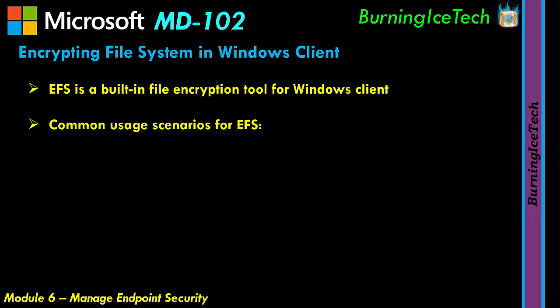Common usage scenarios for EFS is protecting files on shared computers. I wouldn't say it's a bad encryption, guys, but you don't really get people using this as much as we used to. If you fast track a couple of years back in time, maybe 10 or 20 years, a lot of people used to share computers in their households and of course in the office.